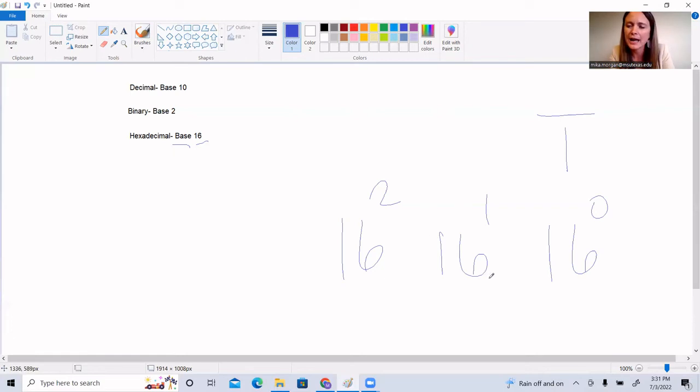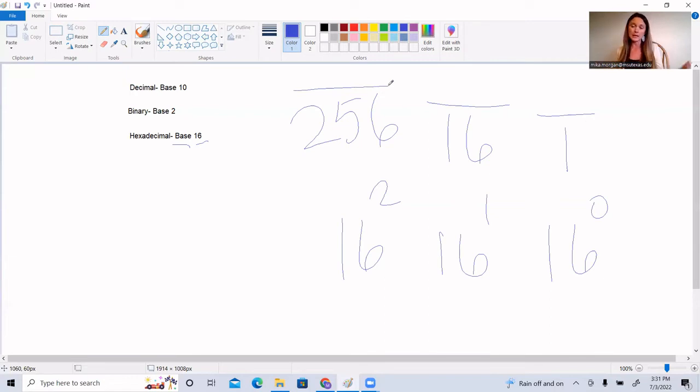Okay. Here I have 16 to the power of 1. Well, 16 to the power of 1 is just 16. And here I have 16 squared. So 16 times 16 is 256, right? So it's the same as all the others.